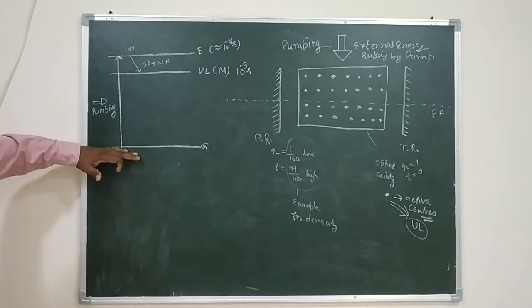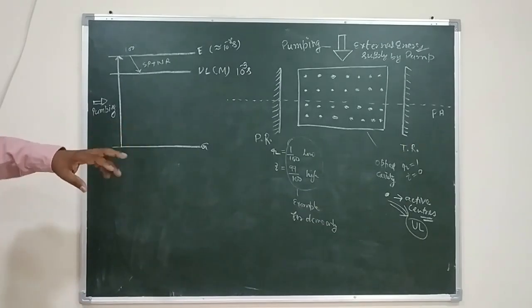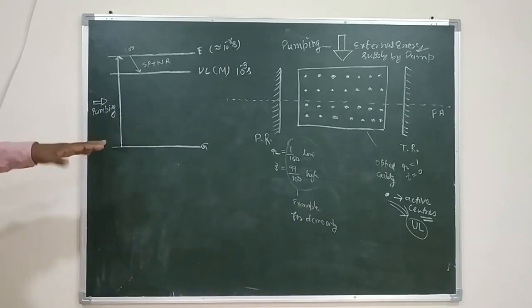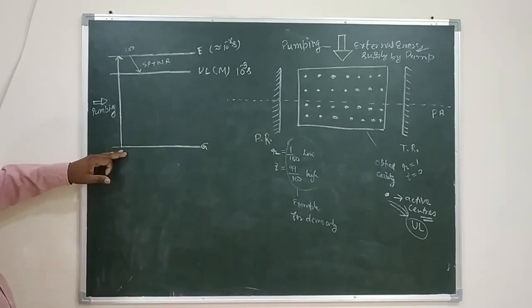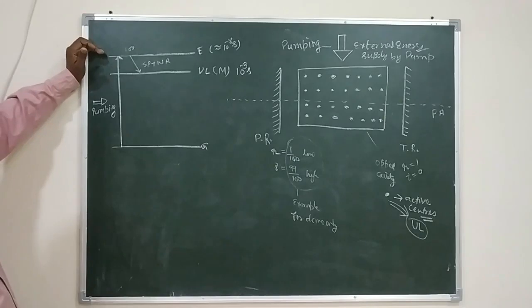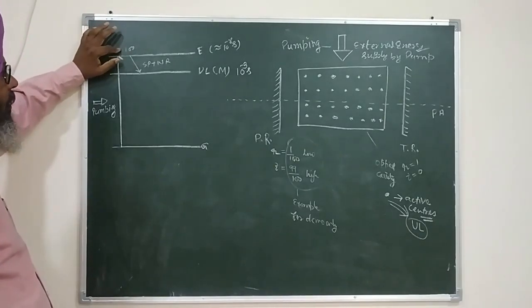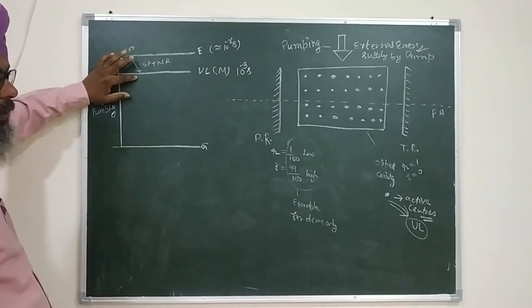After let us say 10 cycles, since the pump is exciting 100 atoms in every cycle, the pump will have excited actually 1000 atoms. Out of these 1000 atoms, 100 will be here and 900 will be here.